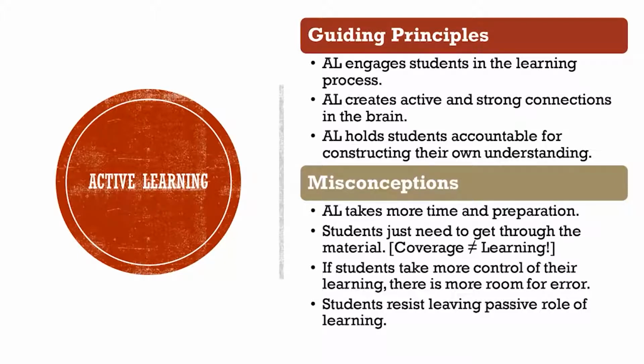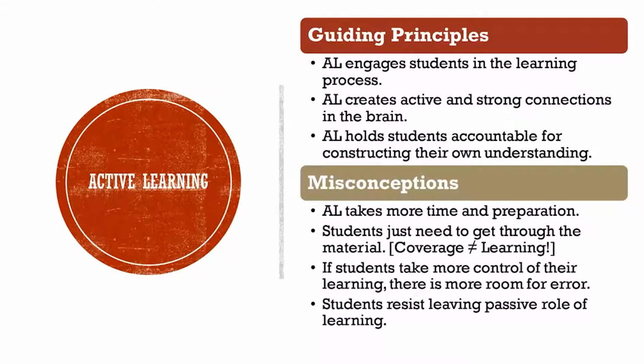Very good. So the basic principle behind active learning is that you really need to engage students in the learning process. A lot of times they come to us and it's kind of flat. Sometimes you enter a classroom and the energy's down. Or they enter a tutoring session, they may be discouraged, frustrated, at wit's end, and we need to get them involved and not just being passive participants in the learning process.